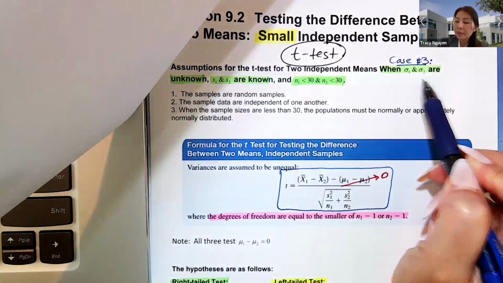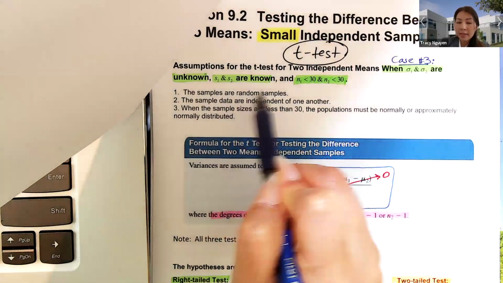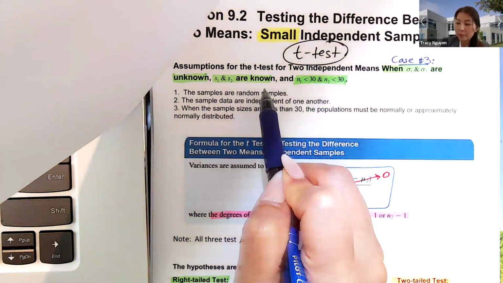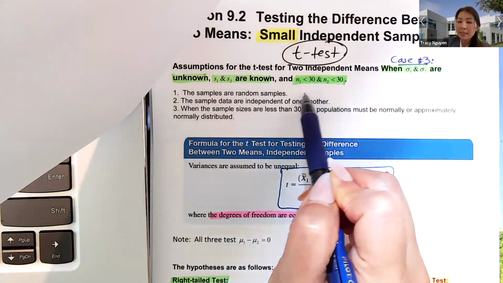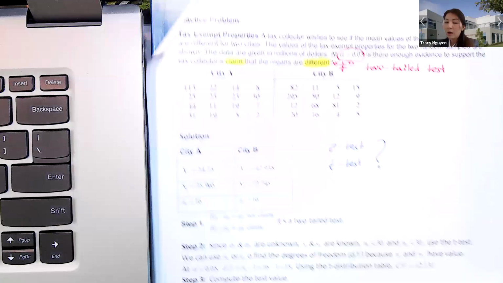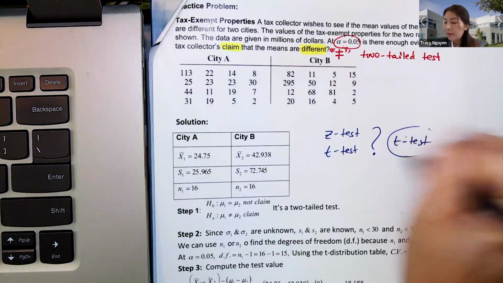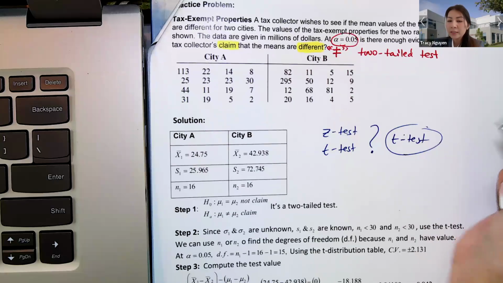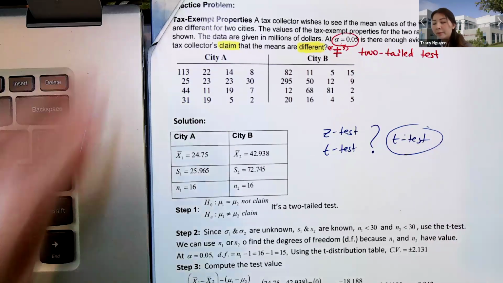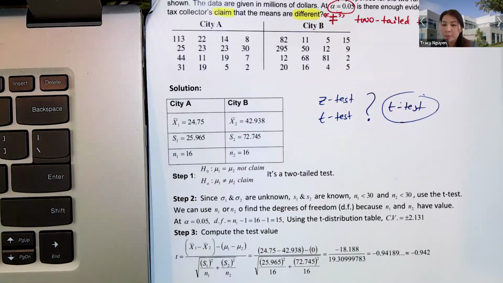Sigma 1 and sigma 2 are unknown, that's true. s1 and s2 are known, that's true. Each sample size is less than 30, that's correct. So that means we have all the requirements for the t-test. And for the t-test, we don't need to decide whether it's traditional or p-value, because if it's p-value, then it will be a z-test, because in our class for the t-test, we only focus on the traditional method.